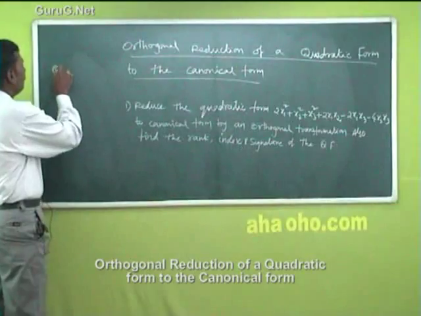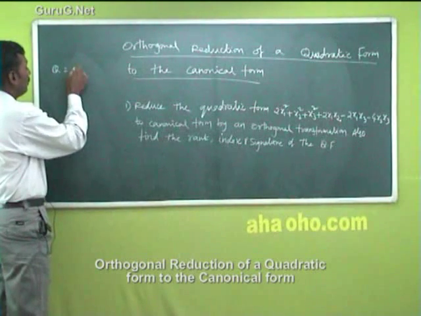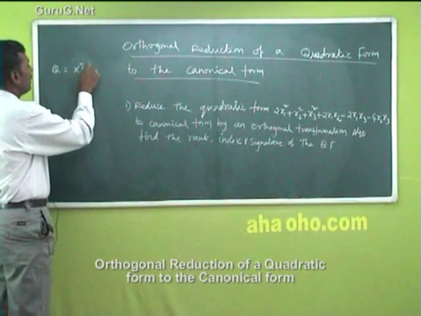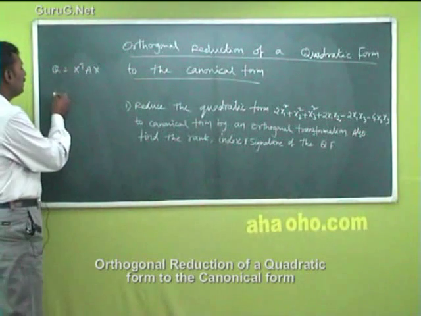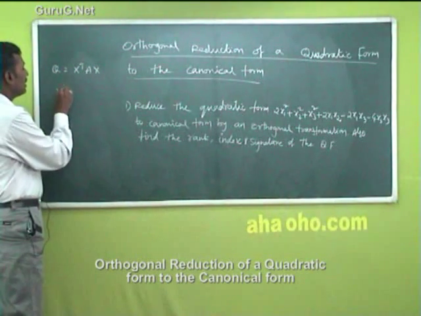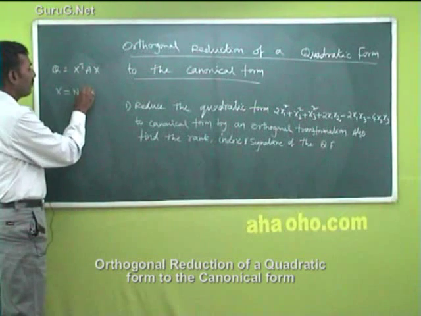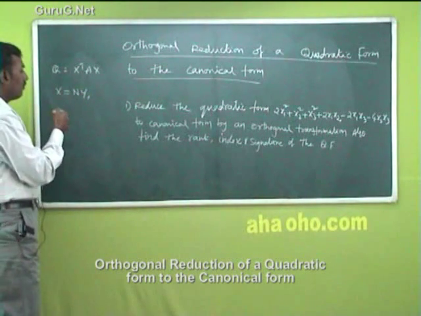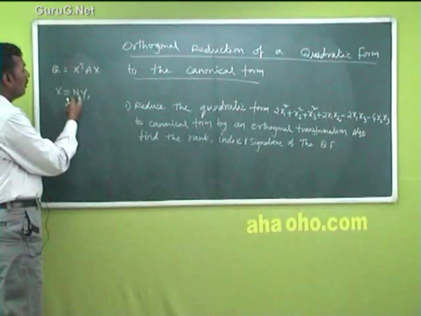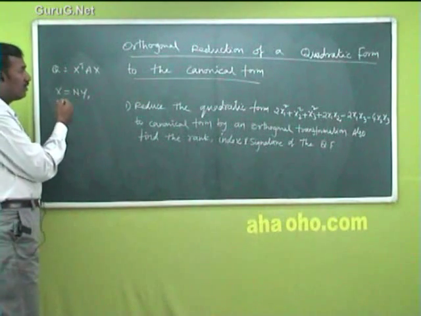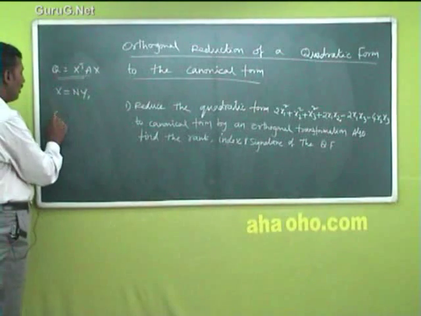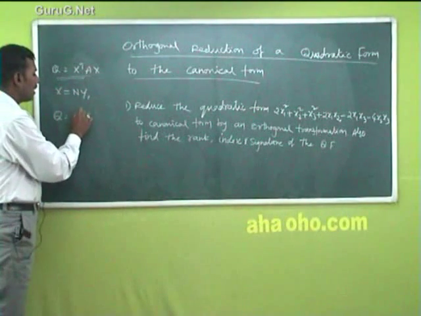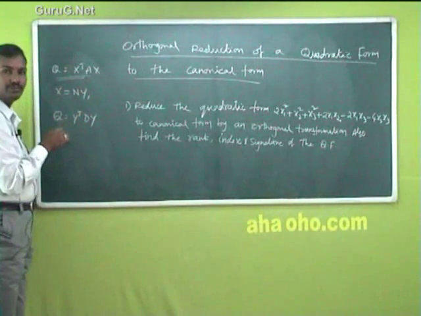Q equals x transpose Ax is the matrix form of the quadratic form, and then using the linear transformation x equals ny, with orthogonal transformation, this quadratic form is reduced to the canonical form, Q equals y transpose Dy.